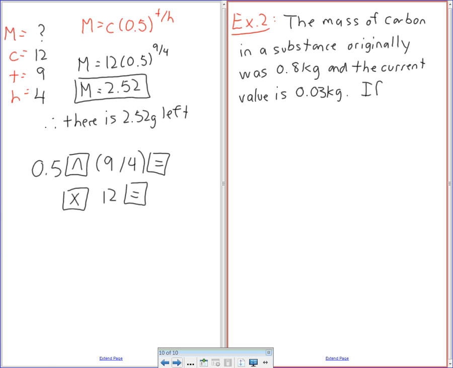If carbon's half-life is 15,000 years, how old is the specimen?